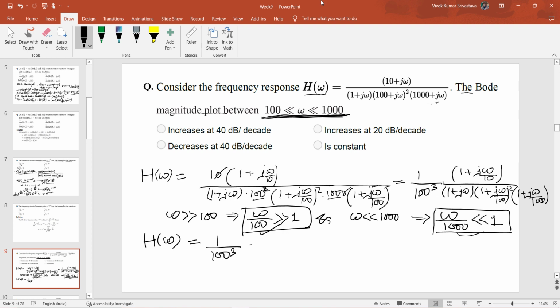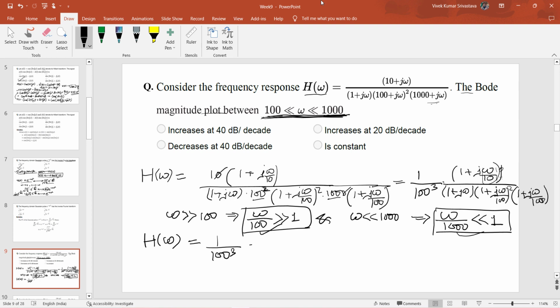It means that if you multiply omega by 10 by a factor 10 over 10, this will be omega by 100, which is basically greater than 1.